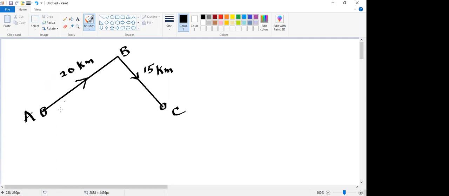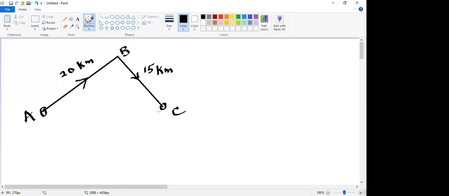So from A to B is 20 kilometers, from B to C is 15 kilometers, making it 35. Yet when a person moves from A to C directly, you don't move 35 kilometers. That distance is shorter if our diagram remains the way it is.